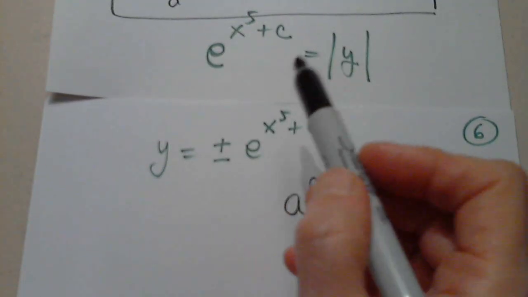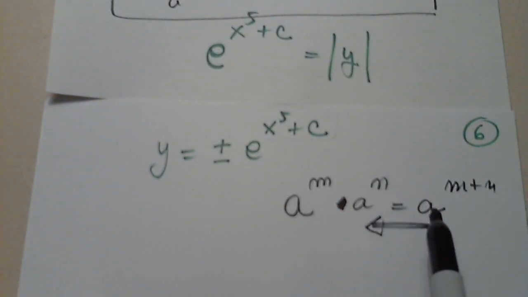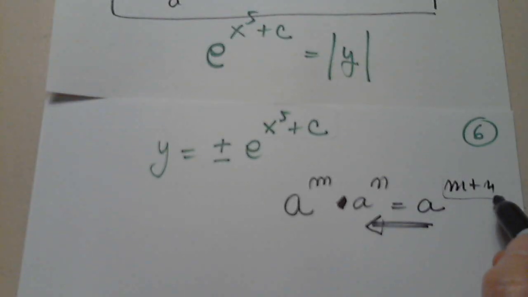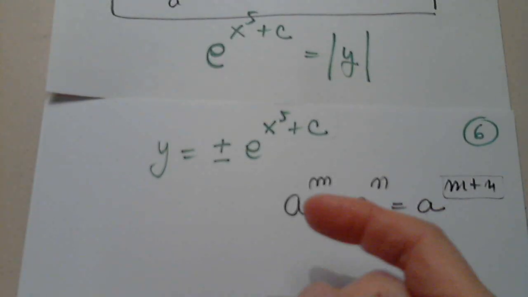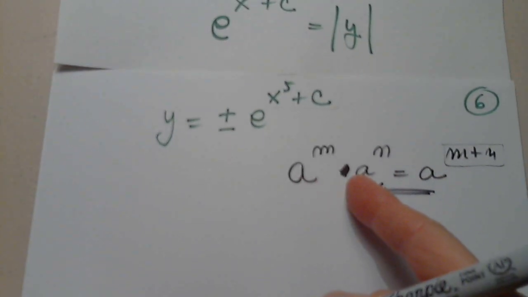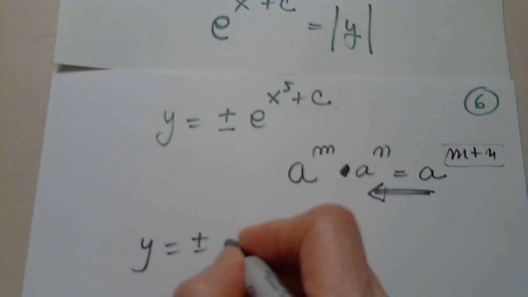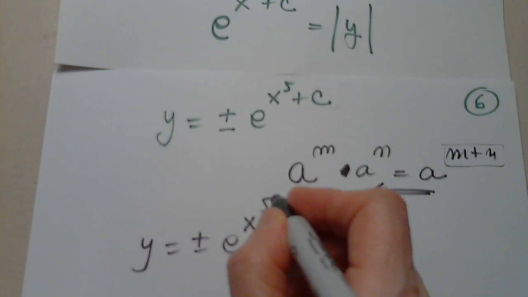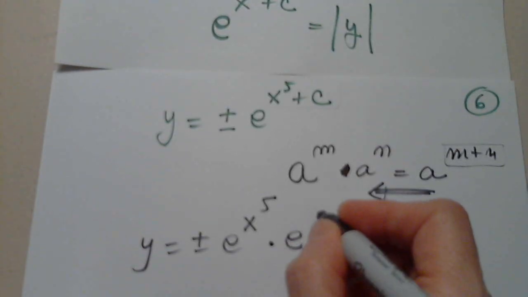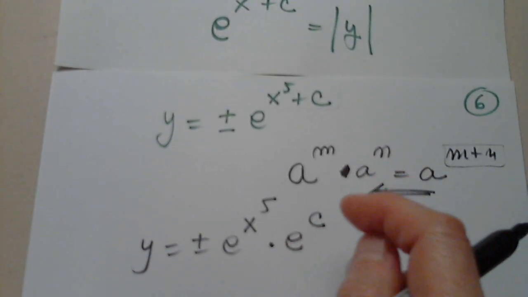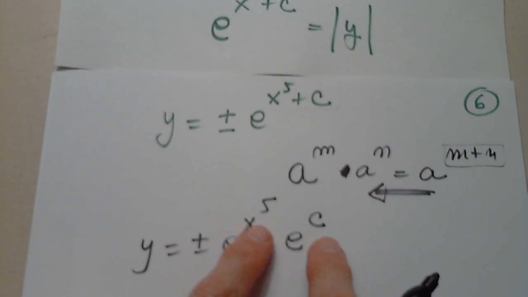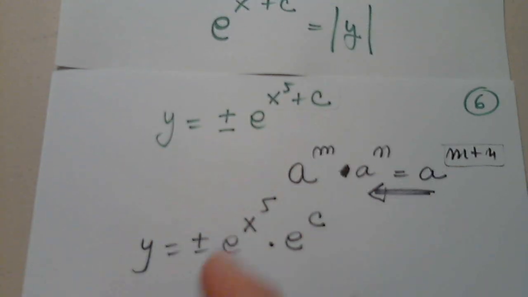If I have a base raised to a sum, I can go back and write this. So y equals plus or minus e to x to the 5th times e to c, because this is e to x to the 5th plus c.